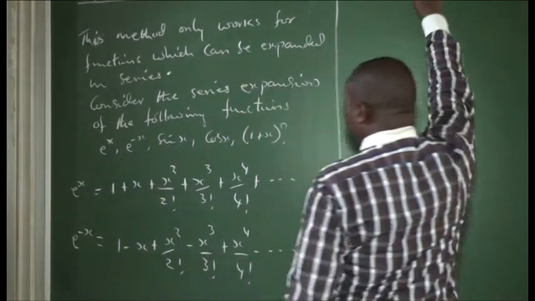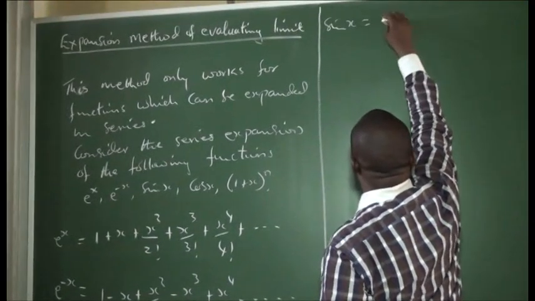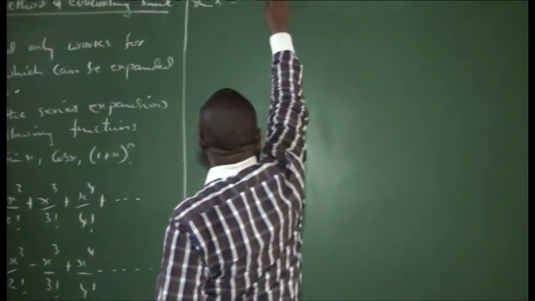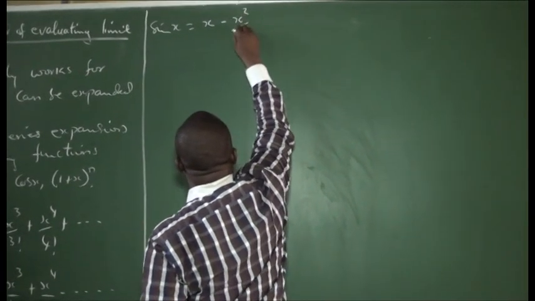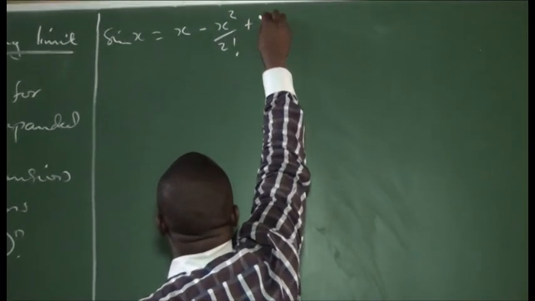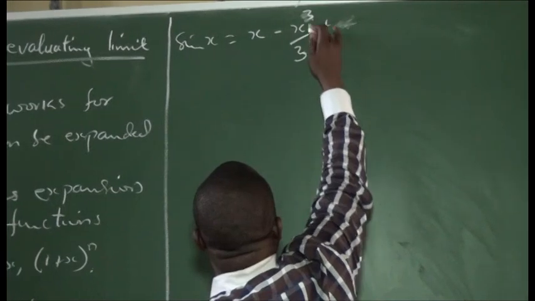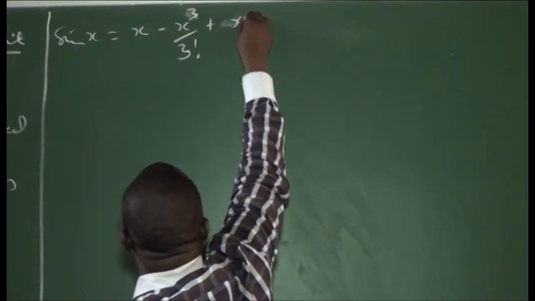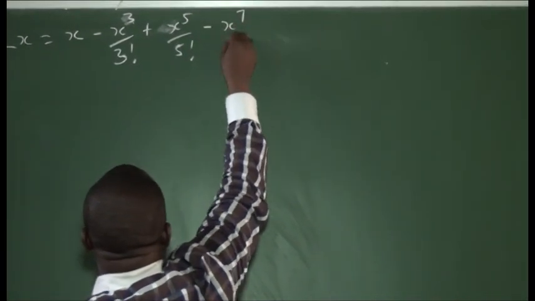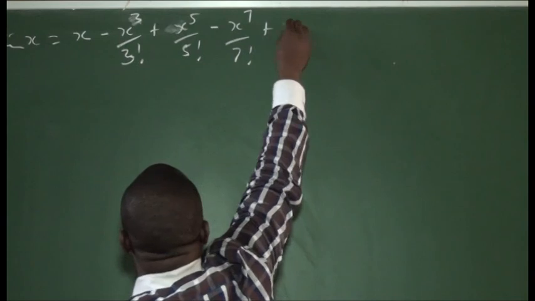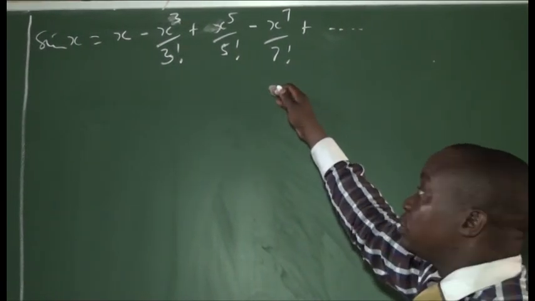And for sine x, we have x minus x cubed over 3 factorial plus x raised to the power 5 over 5 factorial minus x raised to the power 7 over 7 factorial plus, this is the series expansion of sine.